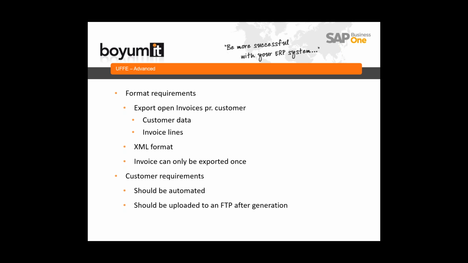So I have some format requirements that I need to fulfill, but I also have some customer requirements, like it should be automated and should be uploaded to an FTP after generation. So I will create this now and show you how it's done.